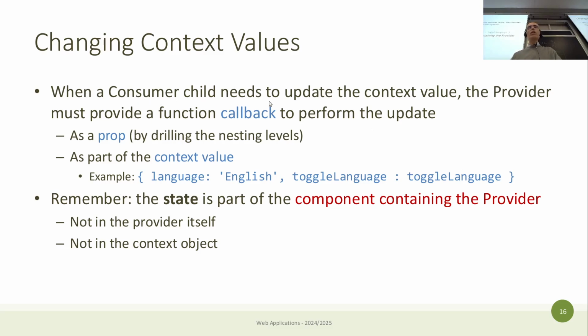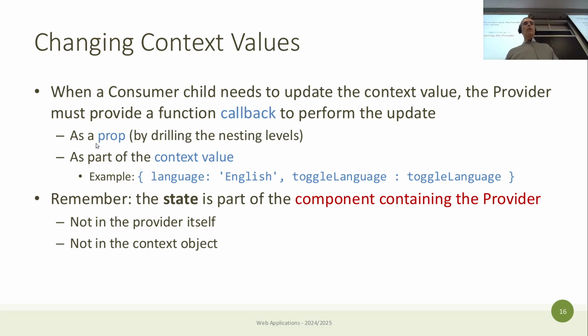When a consumer child needs to update the context value, that's the same problem that we have with props, and we can solve it in the same way. We just include an element inside the object that we pass as the value of the context that is a reference to a function, and this function will change the state, so we'll set the state, and that's all. React will do everything for us. It will do the update and so on.